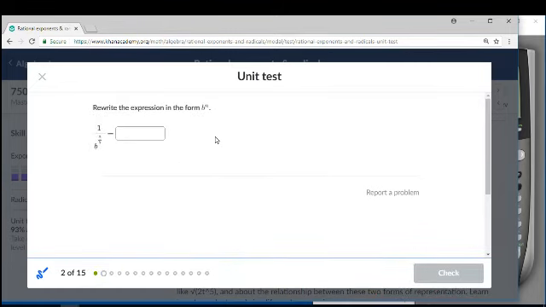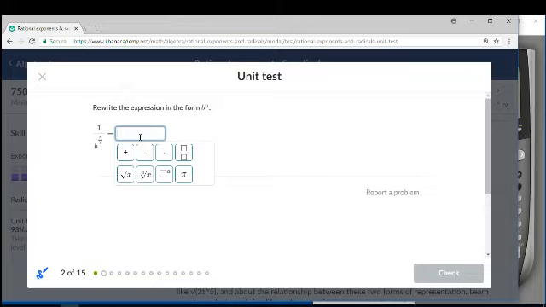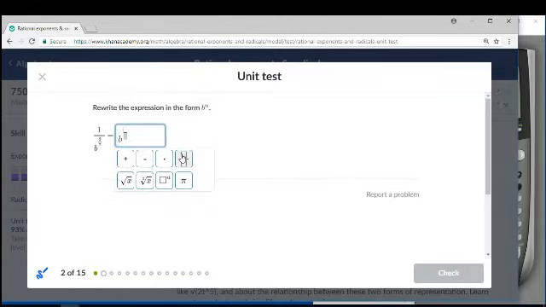So this is just 1 over b to the 2/7 is equal to b to the negative 2/7. Okay, so all I'm doing is, a negative exponent means 1 over that exponential term.